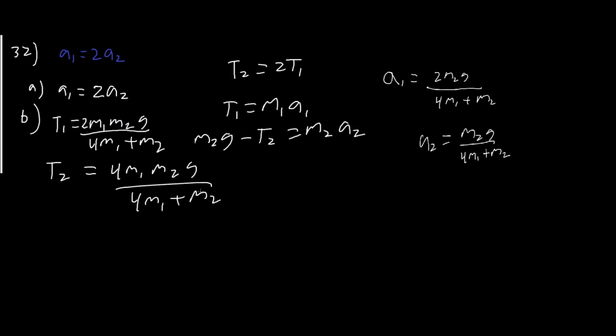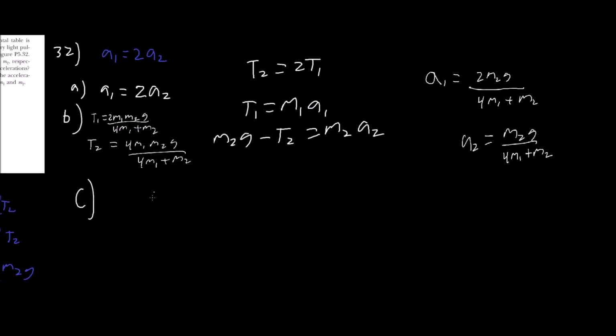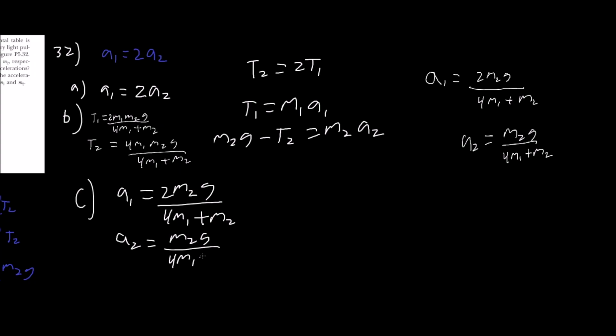There's the tensions. And part C is the accelerations. There's the acceleration, 2m2g over 4m1 plus m2. A2 equals m2g over 4m1 plus m2, if I did the math correctly, which I think I did.